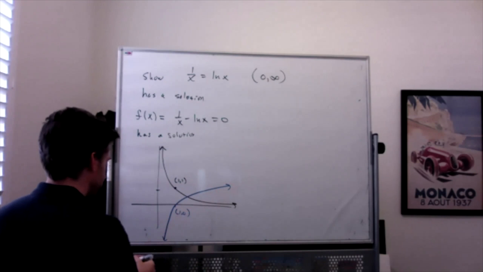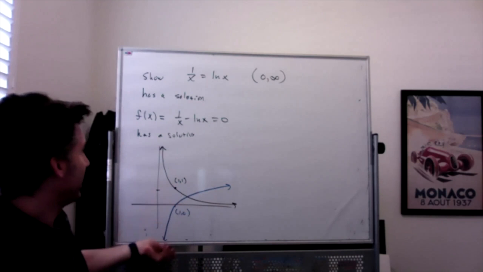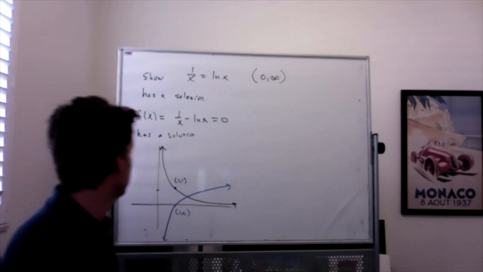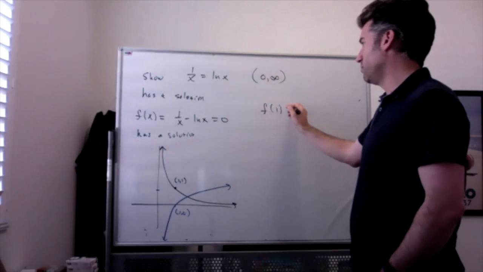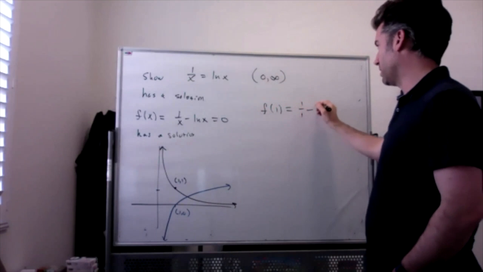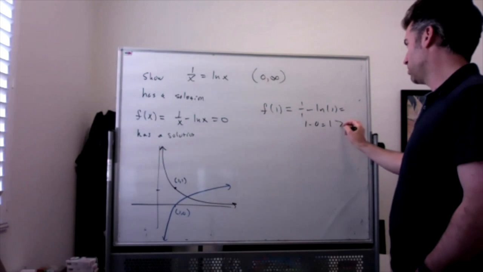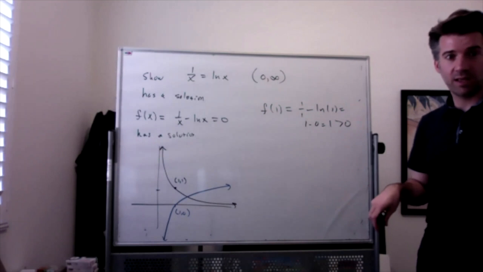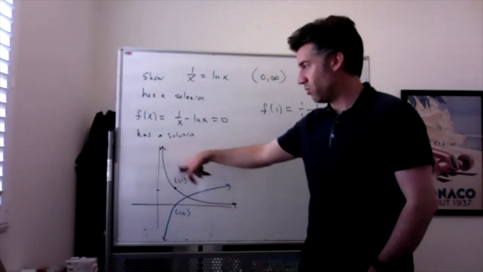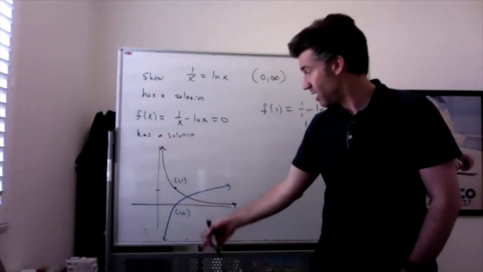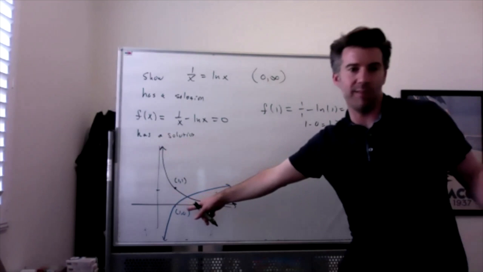So I definitely know that when I plug in 1, I can see one of them being bigger than the other one. So f of 1 is equal to 1 over 1 minus natural log of 1, which is 1 minus 0, which is positive. And then I can definitely see that 1 over x is the bigger function. And somewhere out here, they're going to cross. I would love to know what that point actually is. I'm not going to find it.